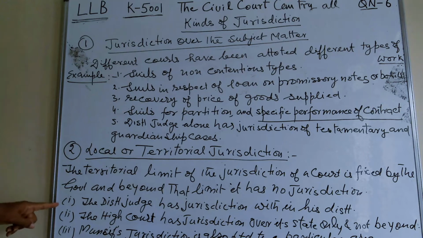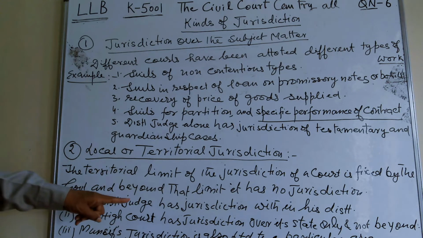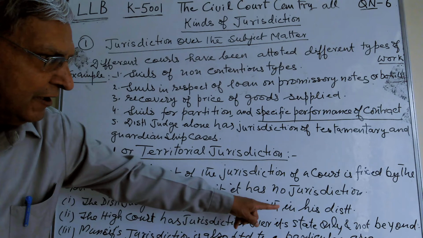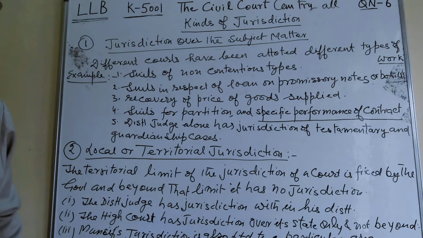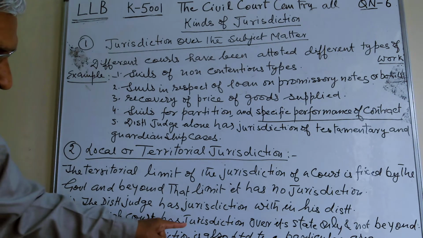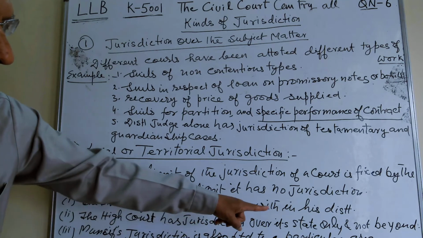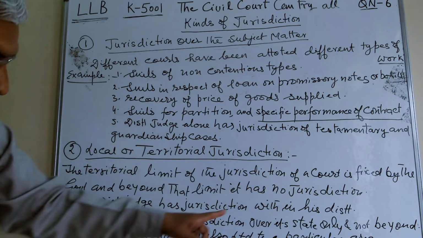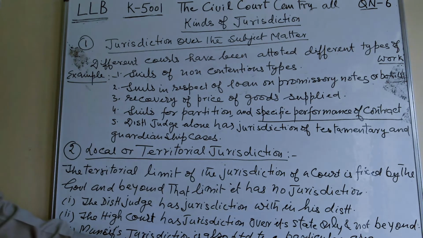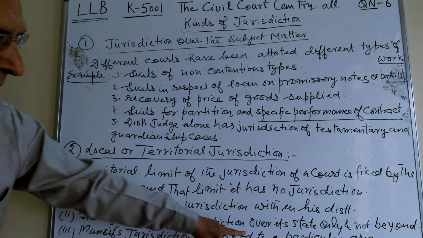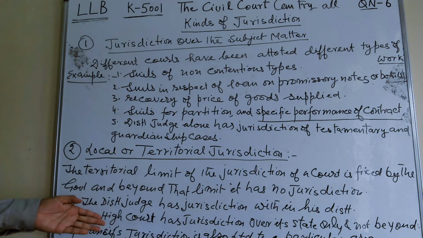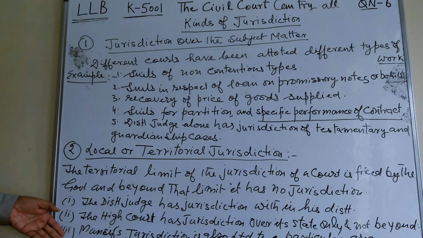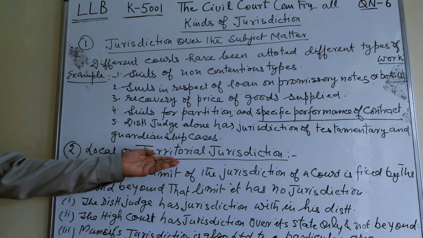These are the examples. The district judge has a jurisdiction within his district. The high court has a jurisdiction over its state only, not beyond. And munsif's jurisdiction is also limited to a particular area. I have given these three examples of the jurisdiction which has been allotted by the government on a territorial basis.